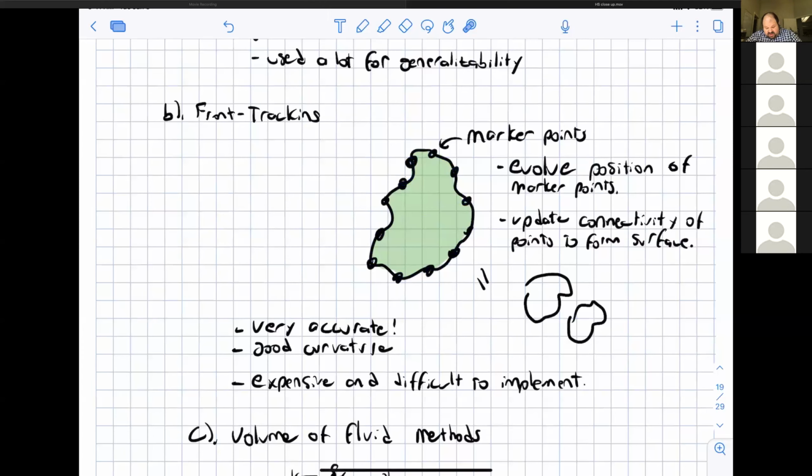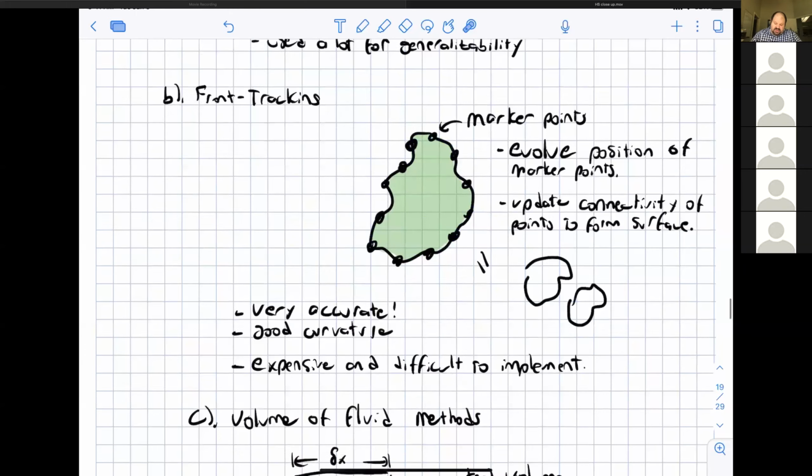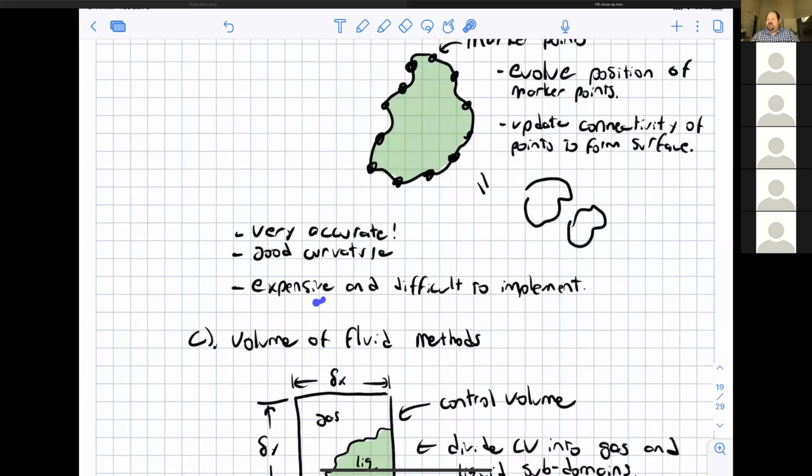Because of all that extra stuff that you have to do, it is extremely accurate. You get very good curvatures with it, so you get very good surface tensions, and it's almost mass conserving, but it's hardly used because it is very expensive and it's difficult to implement.